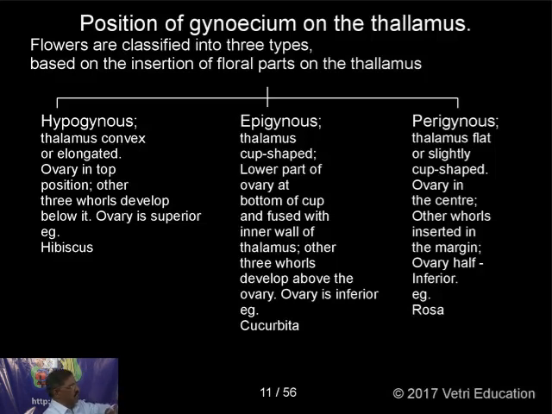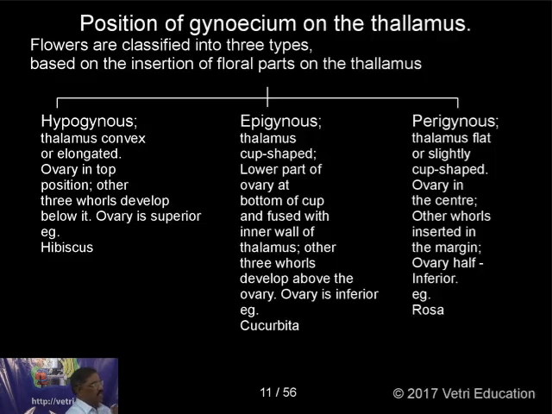The second one, epigynous. Epi means above, gynous means gynoecium. The floral parts are found above the gynoecium. The thalamus is cup shaped, the lower part of the ovary is at the bottom of the cup and fused with the inner wall of the thalamus. The other 3 whorls develop above the ovary. So the ovary is inferior. The ovary is found below the floral parts.